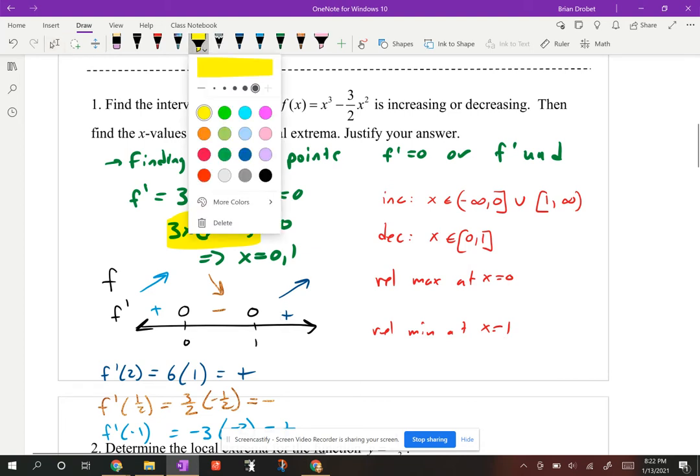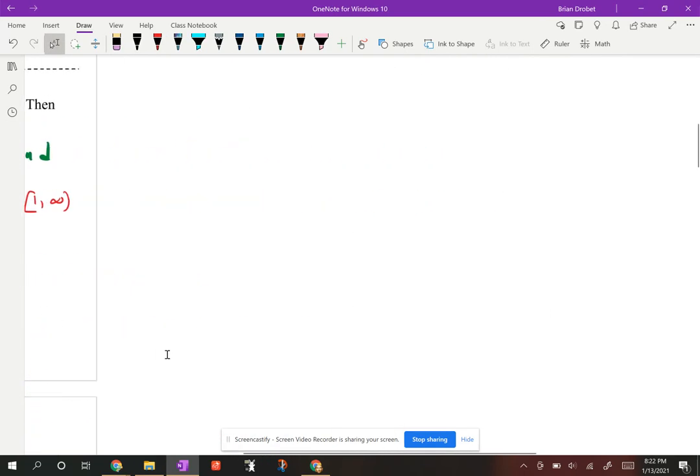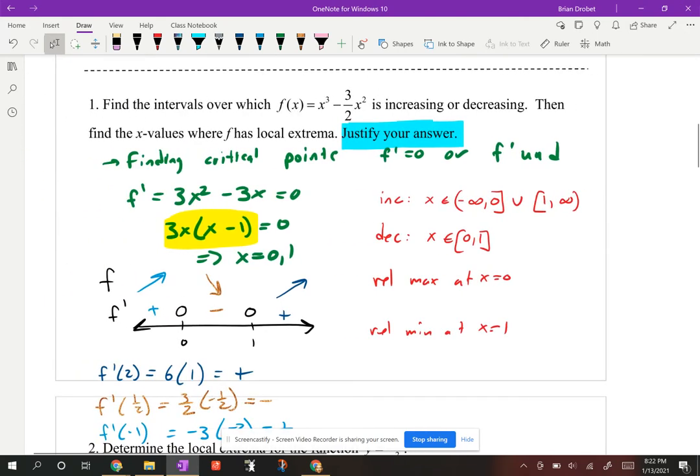Now, one last thing here. Note the requirement to justify your answer. When it comes to justifying maximums and minimums, you must state the following. I know there's a maximum at 0 because the derivative changes from positive to negative at 0.